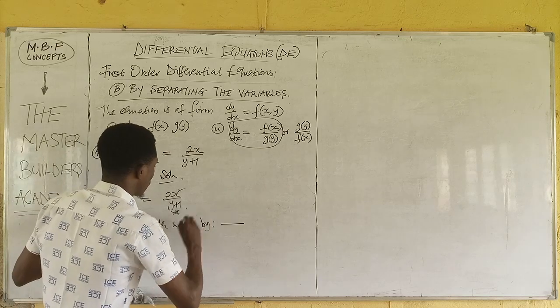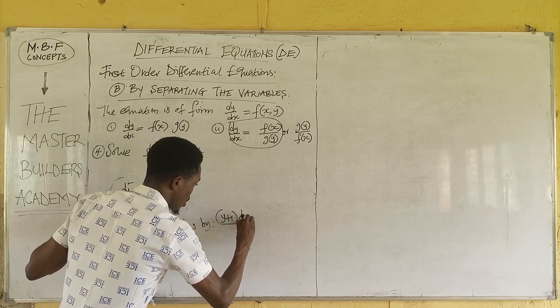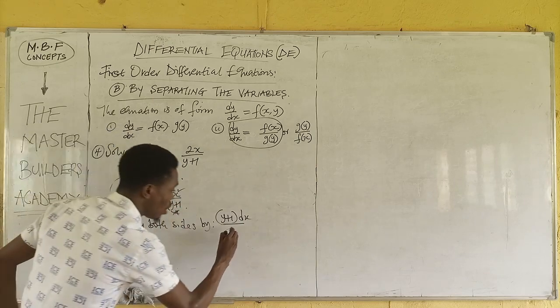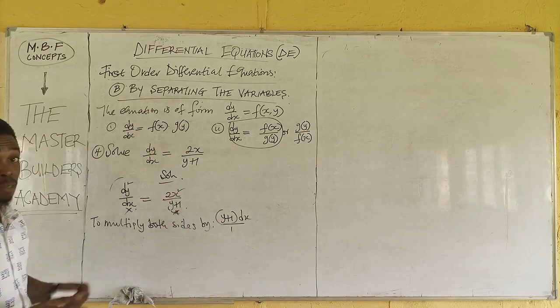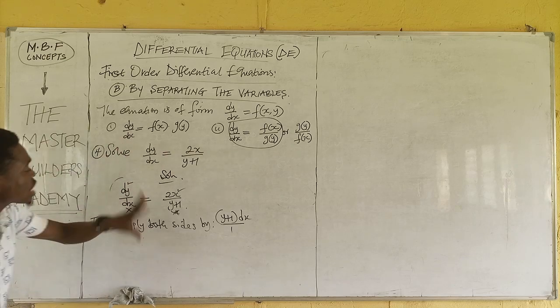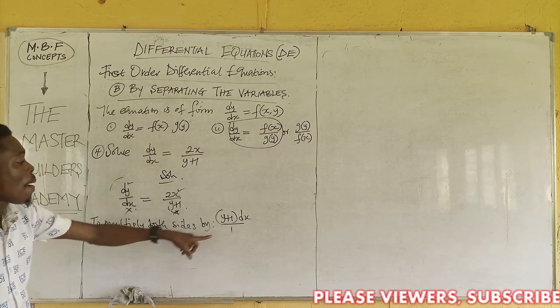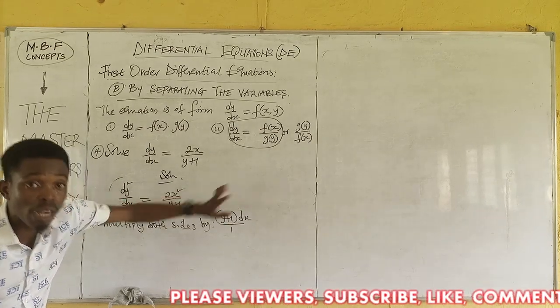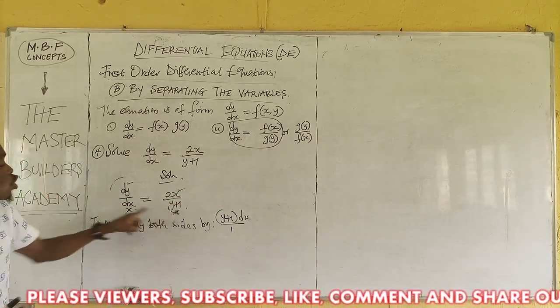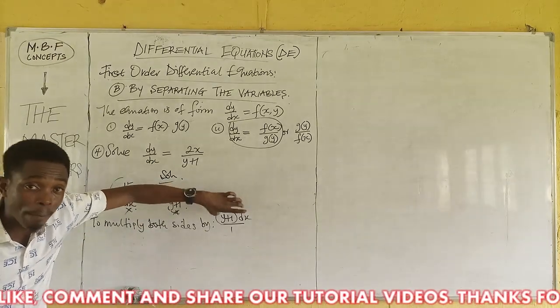So I'm going to multiply both sides by what? (y plus 1) dx. This is all over 1 because it's expected to be in fraction. So we are going to eliminate or separate s from y when we multiply both sides by the terms that were wrongly positioned. So since the two were at the denominator, you will multiply them together and they will now be at the numerator.